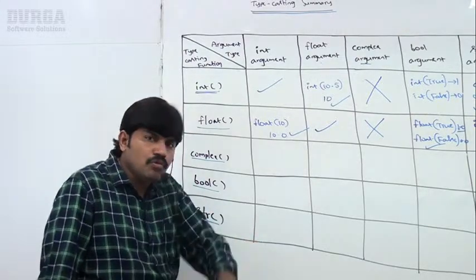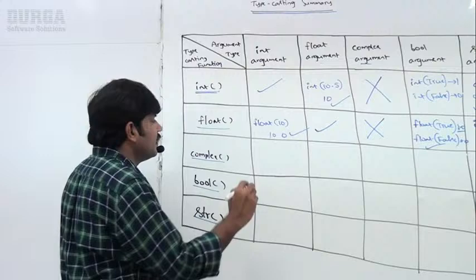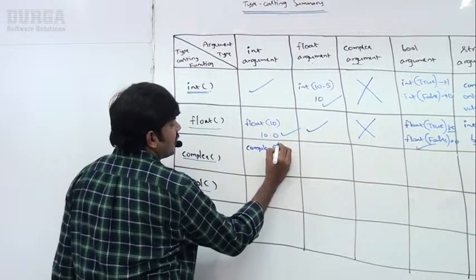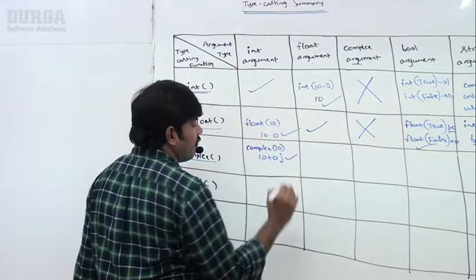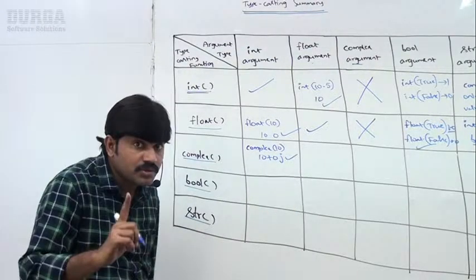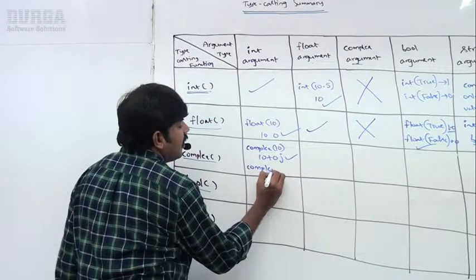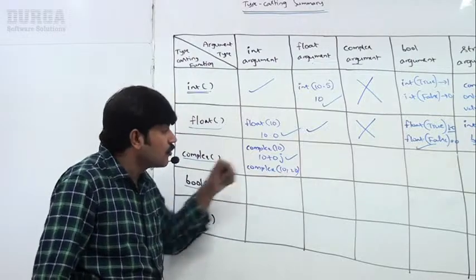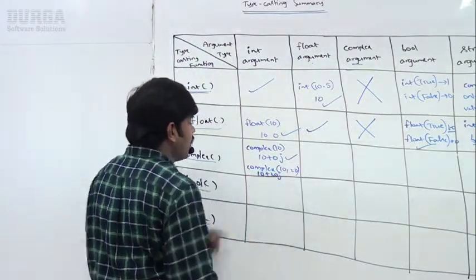If you are passing two arguments, they will become both real and imaginary parts. Sir, if I take complex of 10, then 10 plus 0j will come. If I take complex of 10 comma 20, 10 will become the real number and 20 will become the imaginary number. 10 plus 20j we are going to get.